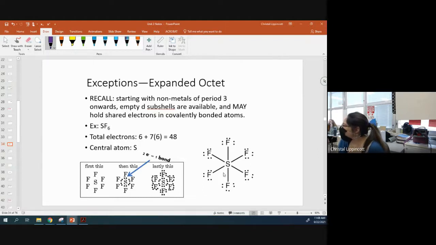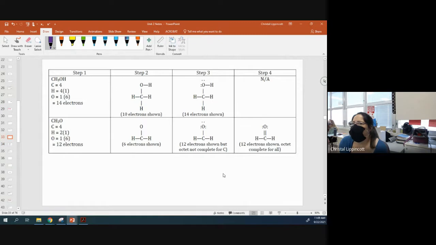Lower electronegativity. And typically, they are going to throw you a bone by giving you the formula for this. And remember that formula is most often given to you in order of electronegativity, with the least electronegative element being in the front. So whatever that front element is, most of the time, that's going to be your central atom.